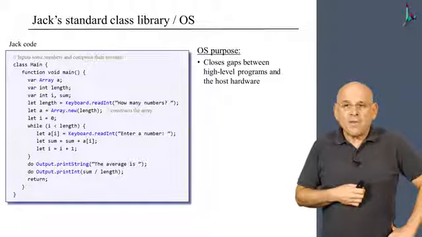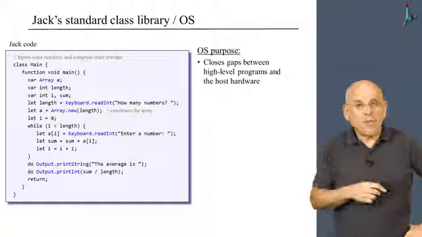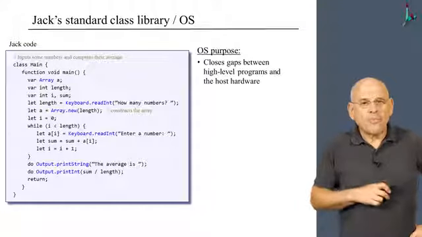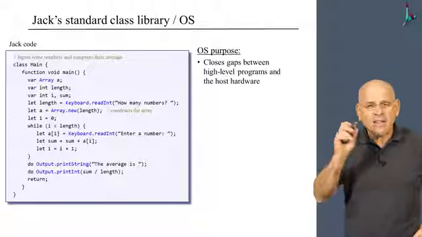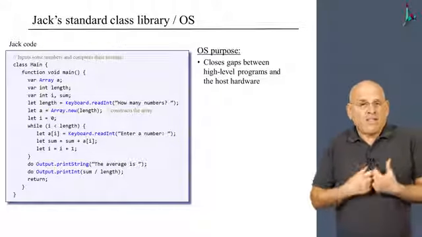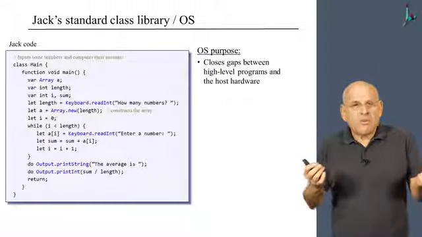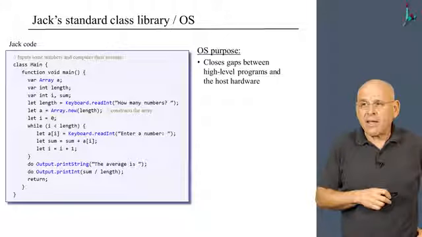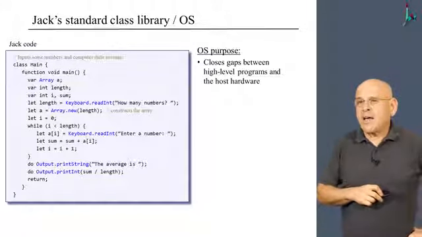And you will discover that this is not simple when we develop the operating system towards the end of the course. But once again, I promise that we will do it in the most elegant way possible, so it won't be that terrible. But as far as the high-level programmer is concerned, he or she could not care less about all these gory details because the OS delivers this abstraction nicely and elegantly.